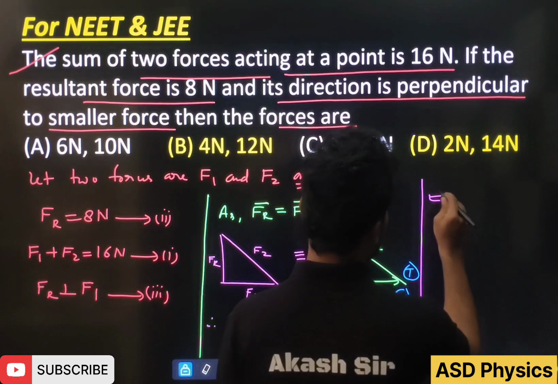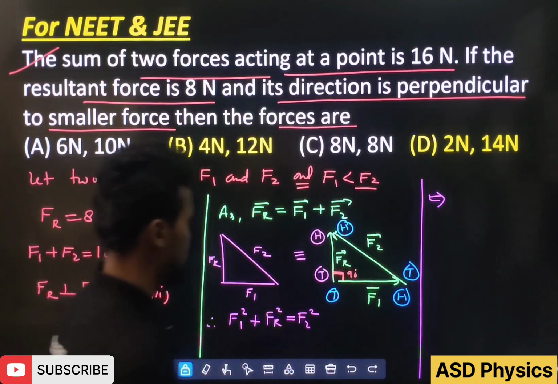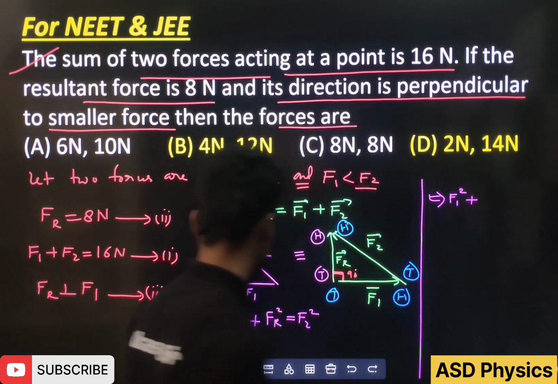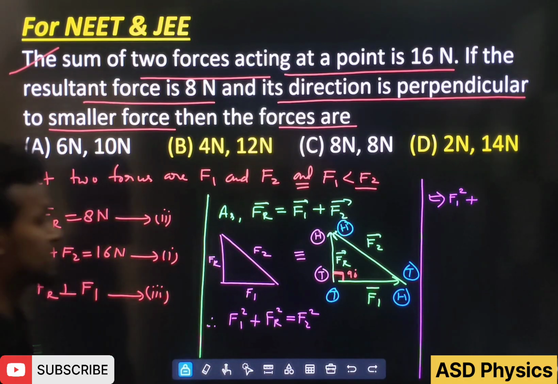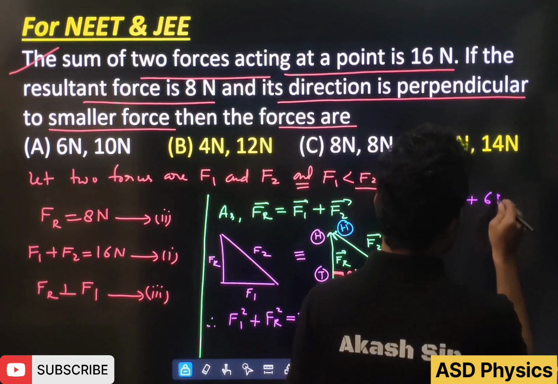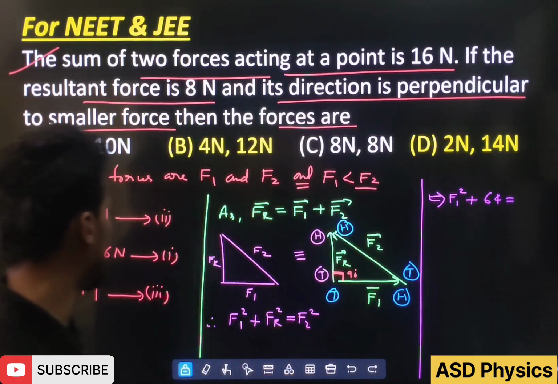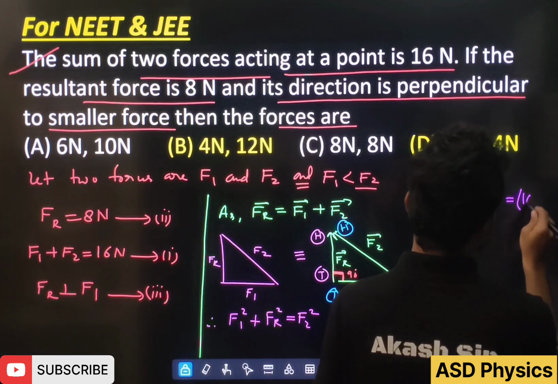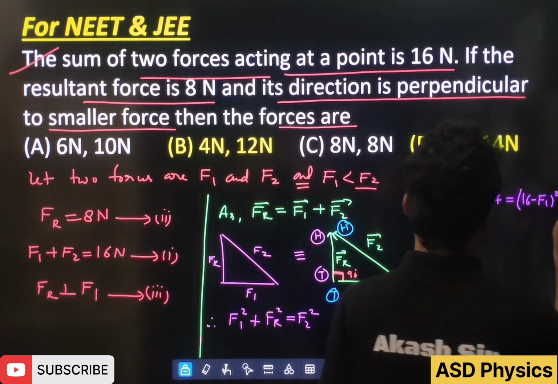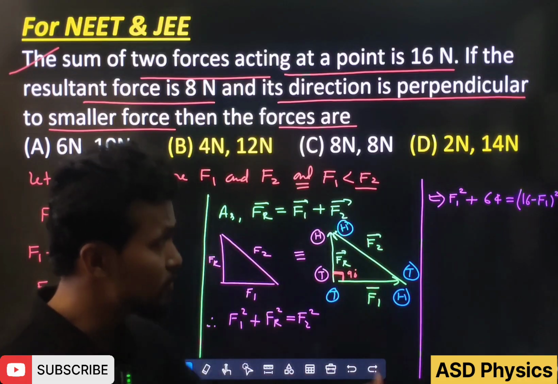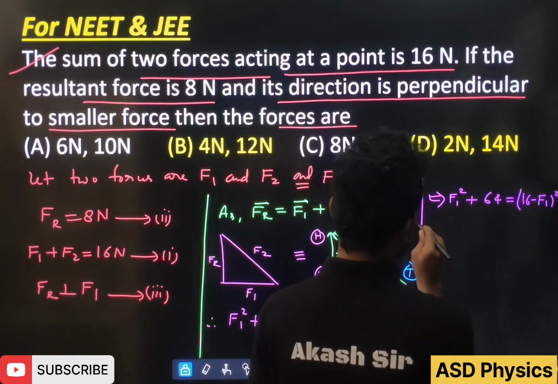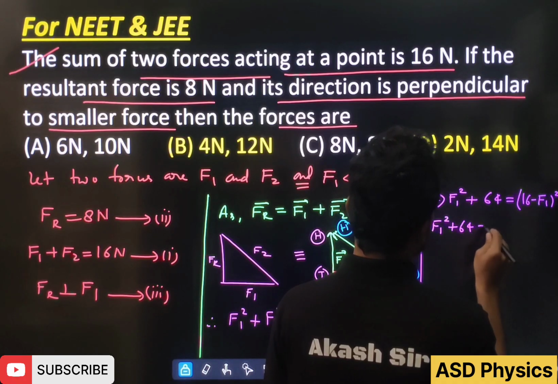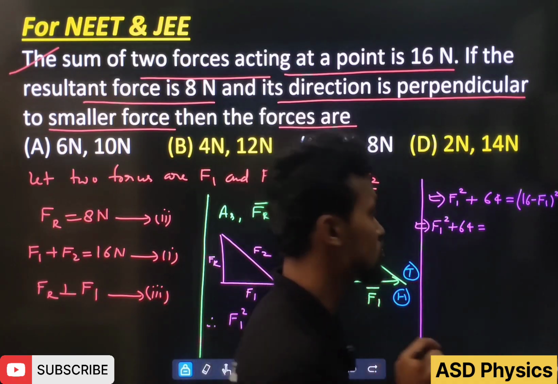FR is given as 8 in the question, and 8 square means 64, equal to F2 square. F2 is 16 minus F1, so 16 minus F1 whole square. Now you have the complete equation in F1 form. F1 square plus 64 is equal to (16 minus F1) whole square. We'll simplify this more.